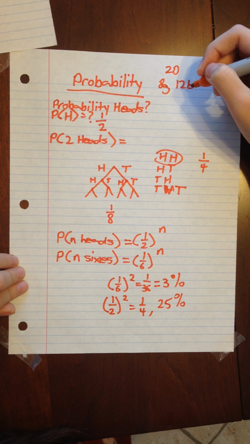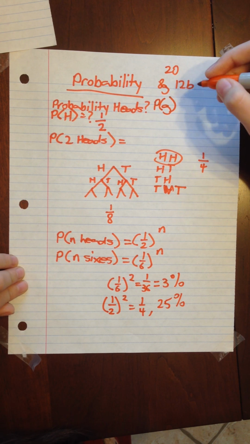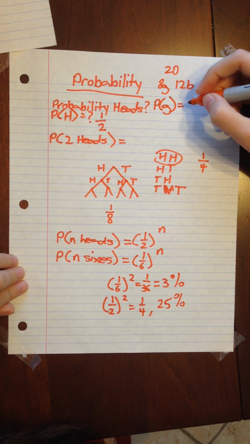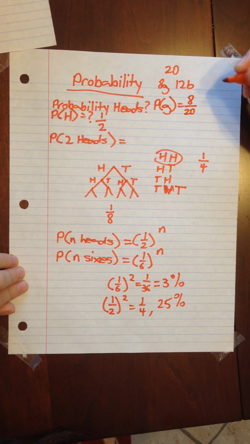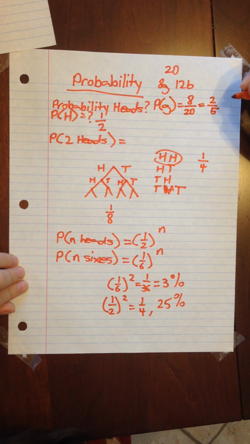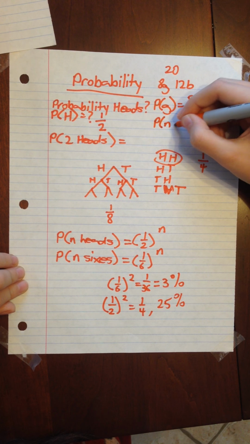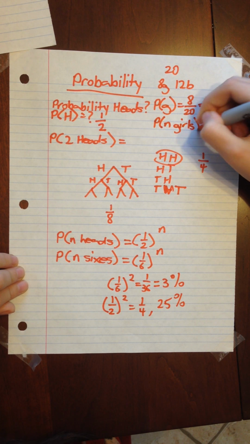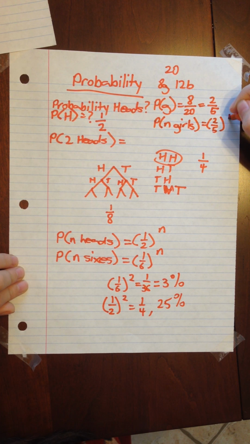Well, we first figure out the probability that the teacher will draw 1 girl. There are 20 kids in the class and 8 girls. There we go, 8/20. In other words, 2/5. So the probability that the teacher will draw n girls in a row is 2/5 to the n.